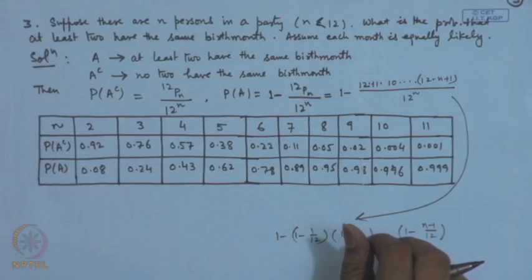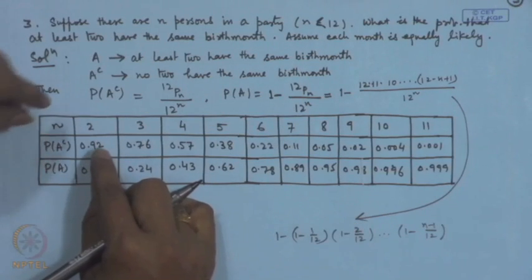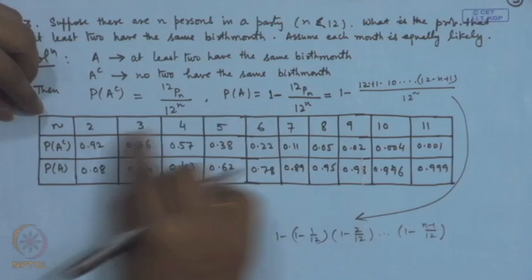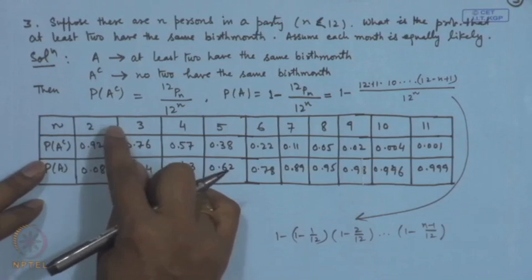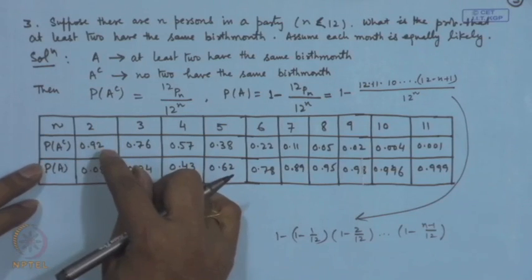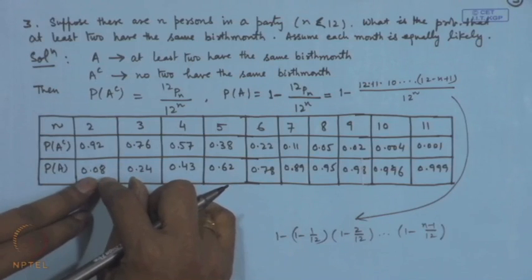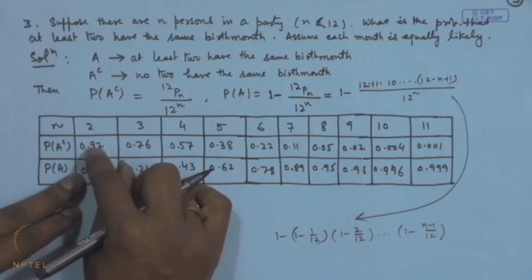Now, just to give an idea about these values, I have tabulated the probability of A complement and probability of A for different values of n. So, you can see here when there are two persons, the probability that they have the same birth month is quite small, it is 0.08. The probability of A complement is 0.92.